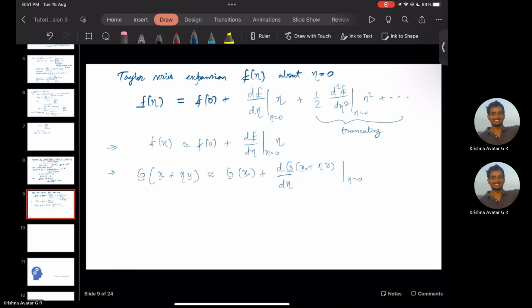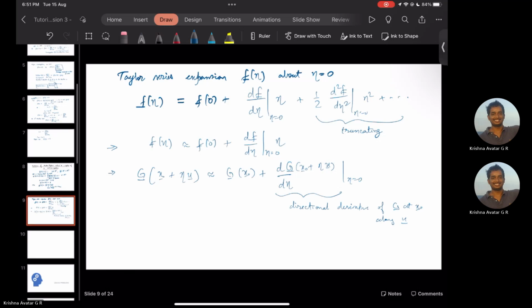Fine. And again, this is what we call our directional derivative of g vector at x naught along u vector.